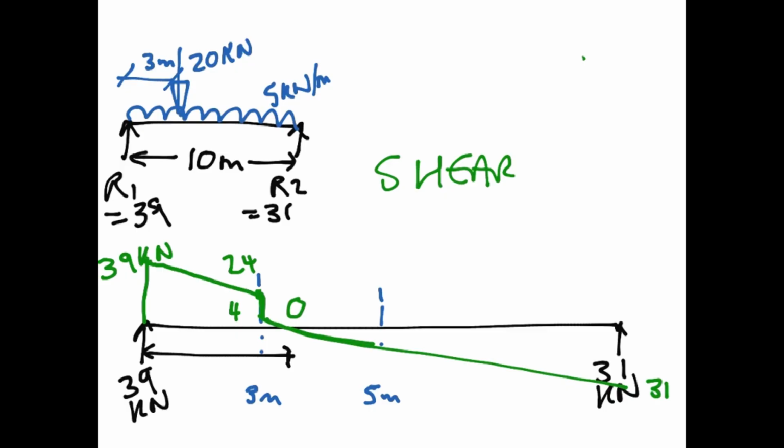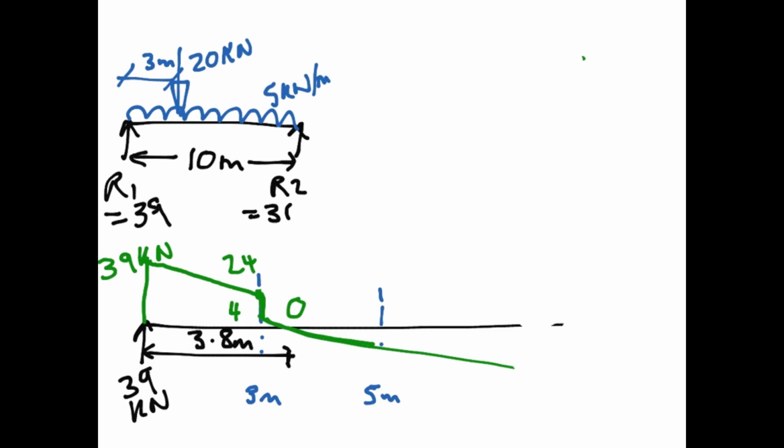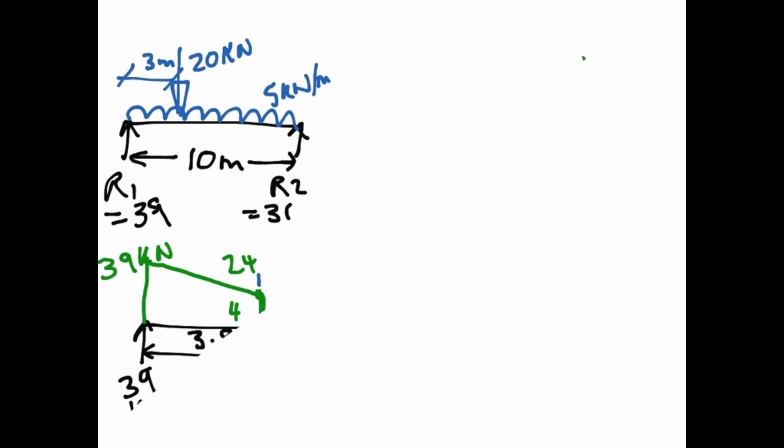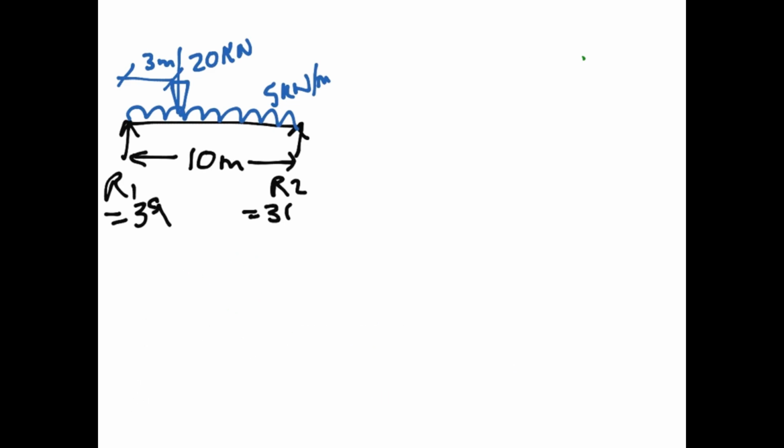And it's quite straightforward really in this to do it in your head, because you know you've got 4 metres, the load's dropping off at 5 kilonewtons per metre, so it's another 0.8 metres before we get to the point of zero shear. So call that 3.8 metres. So I'll delete that very quickly, and we will add in there just a quick note to say point of zero shear.